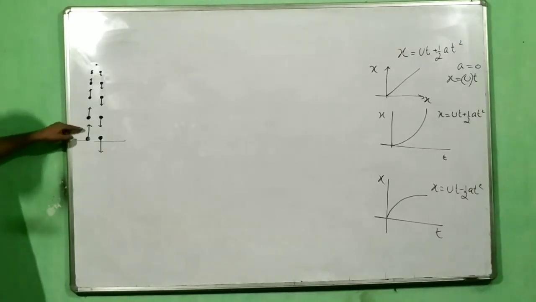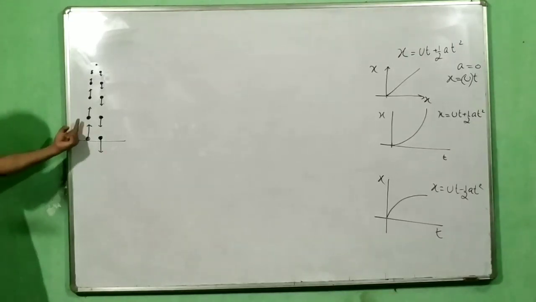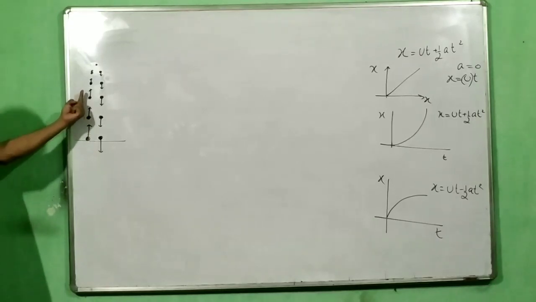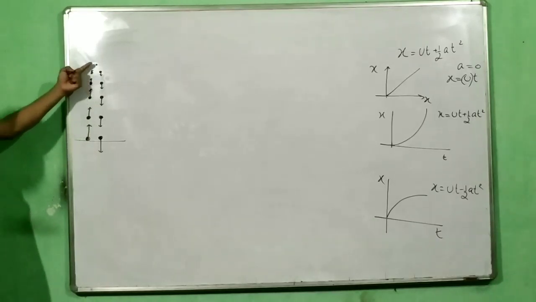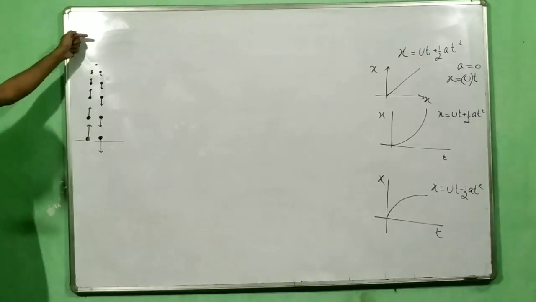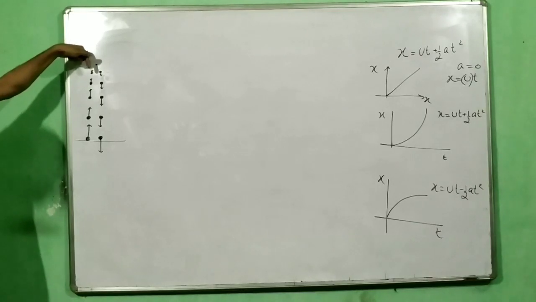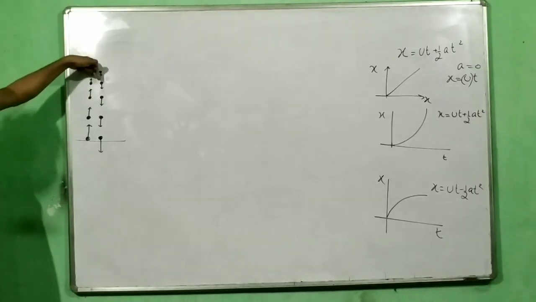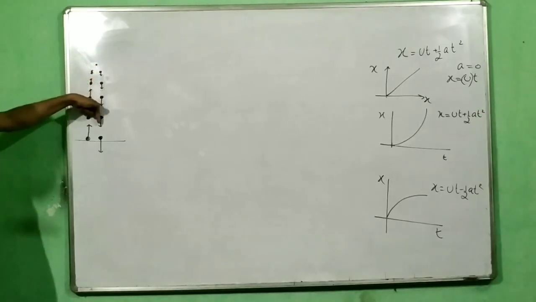You throw something up, so it has a velocity in the upward direction, and this upward velocity keeps on decreasing, and then it becomes zero, and then returns back in the opposite direction, that means towards the earth, so the direction of velocity becomes negative, and in the negative direction the velocity starts increasing.